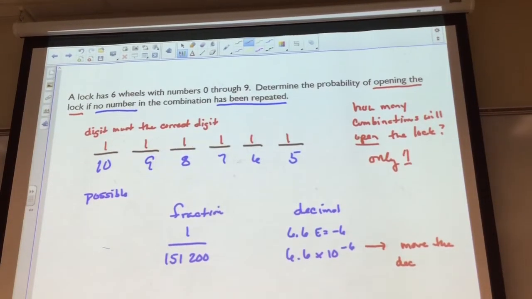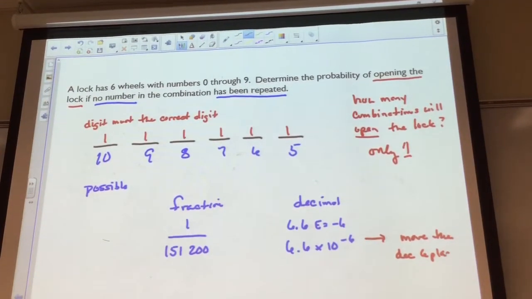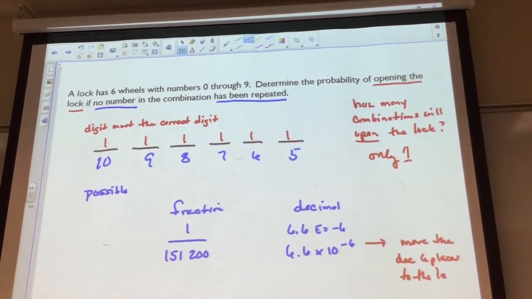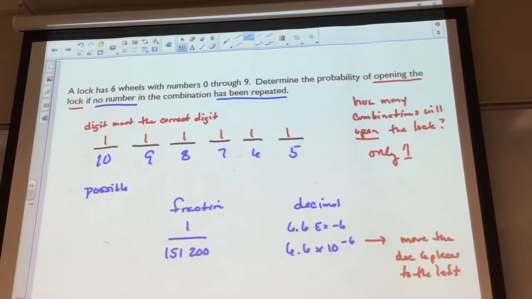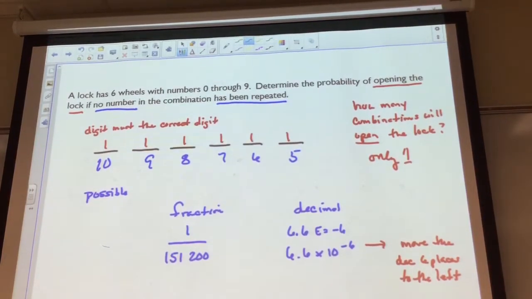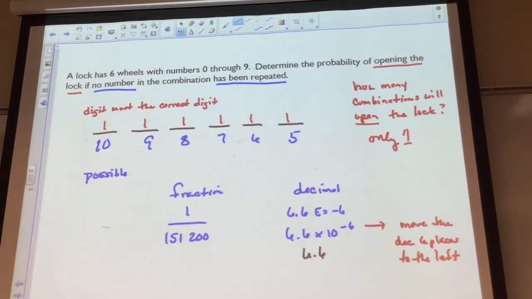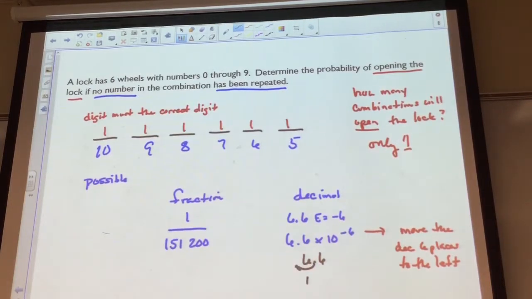Move the decimal 6 places to the left. There's one place.